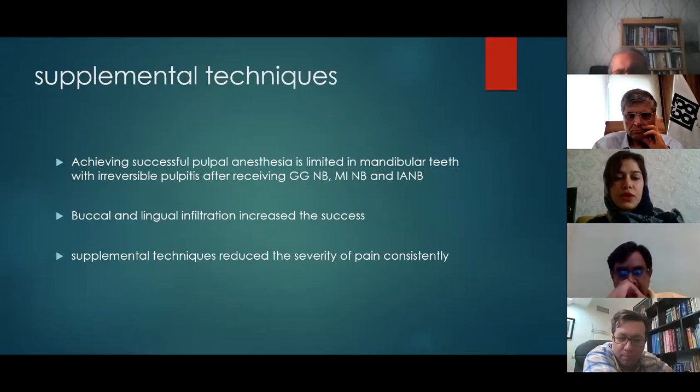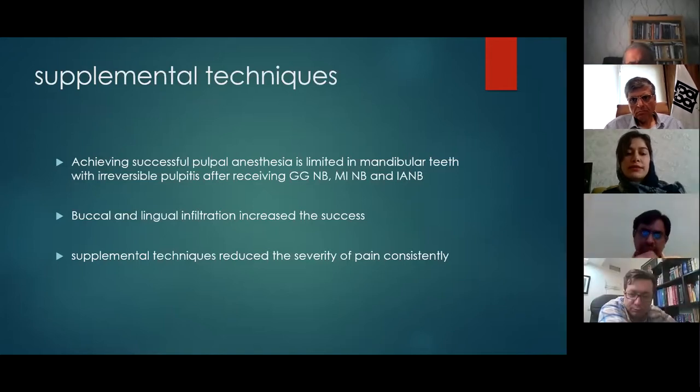Achieving successful pulpal anesthesia is limited in mandibular teeth with irreversible pulpitis after just receiving the regional nerve blocks. It is shown that supplementary techniques like buccal and lingual infiltration increase the success rate and reduce the severity of pain consistently.